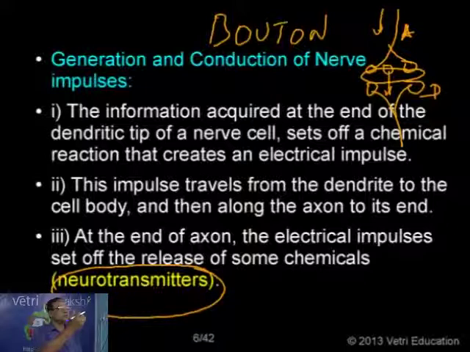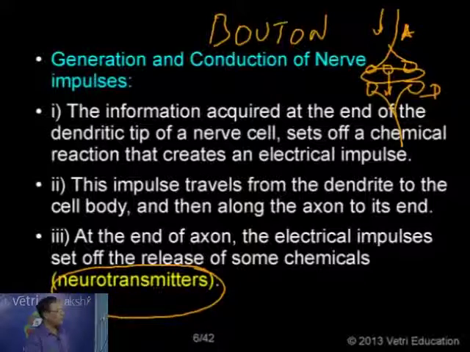So the impulses are conducted in the form of chemical impulses at this junction. As these chemicals are responsible for the transmission of impulses in the nervous system, they are called neurotransmitters.